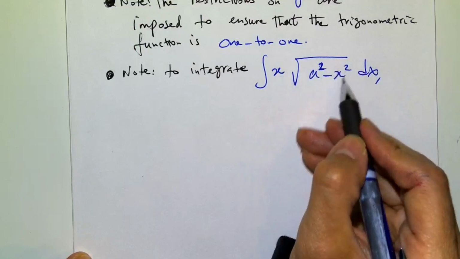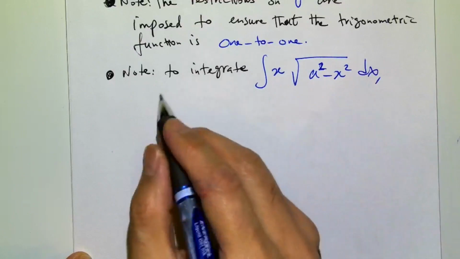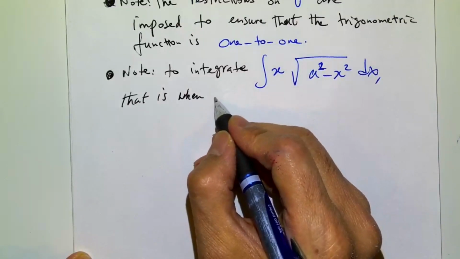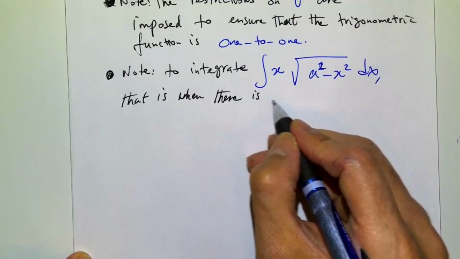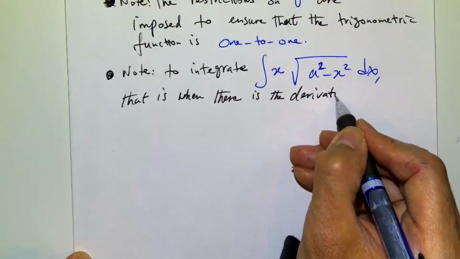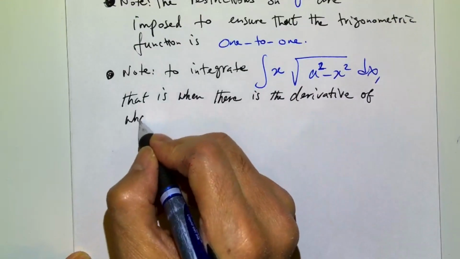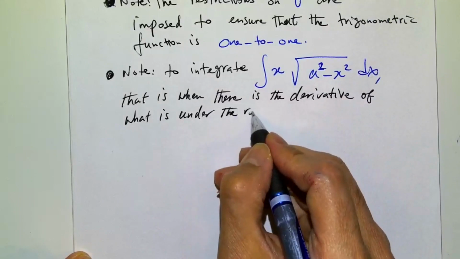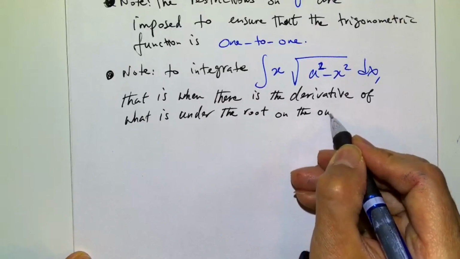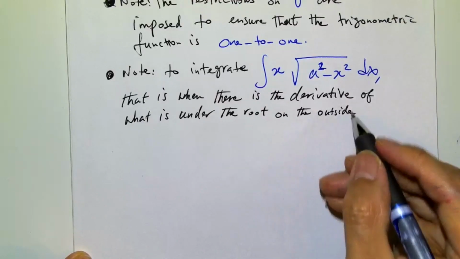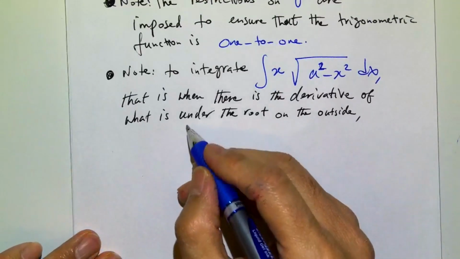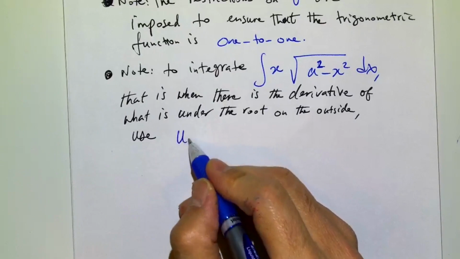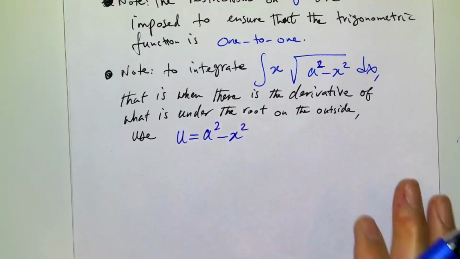So when you have a derivative of the x variable on the inside, on the outside, what is under the root, when we have that situation, instead of using the cases, we want to use u equals a squared minus x squared.